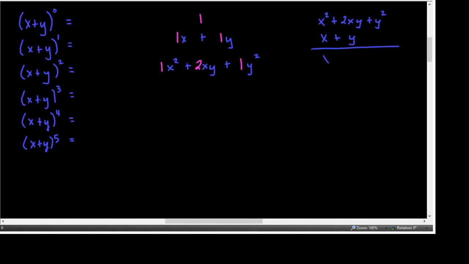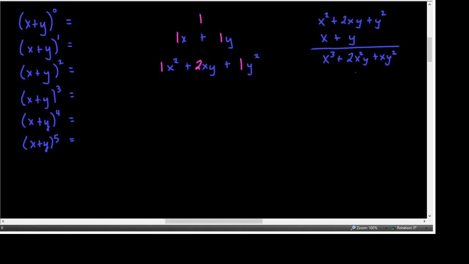So x times x squared is x cubed, plus x times 2xy is 2x squared y, and x times y squared is xy squared. Then I'm going to multiply y by each of those things up there.